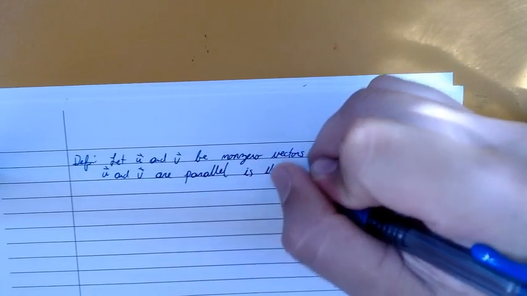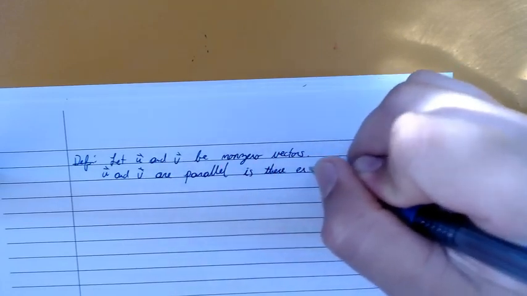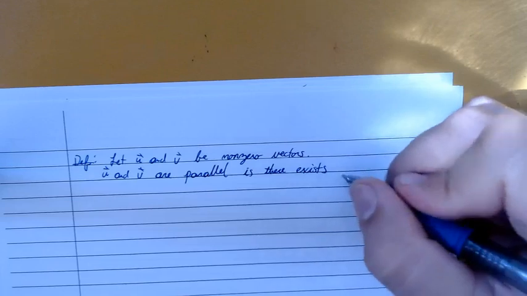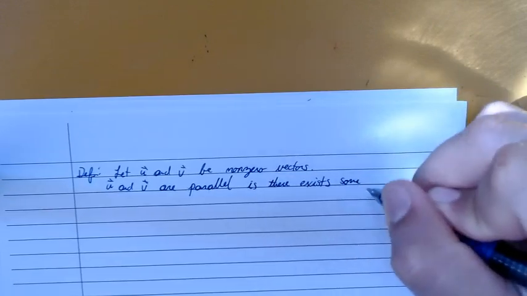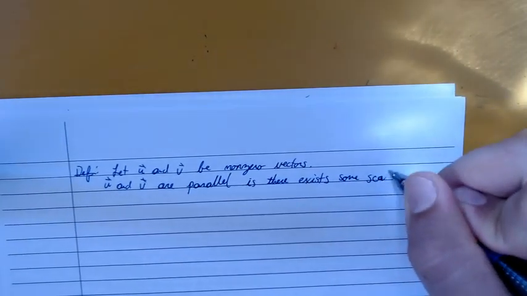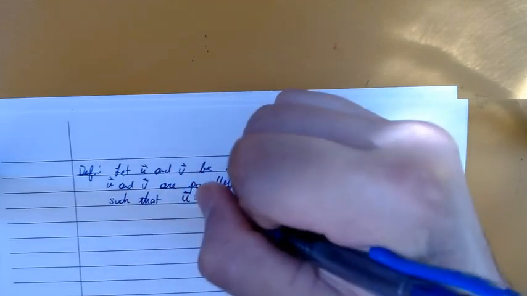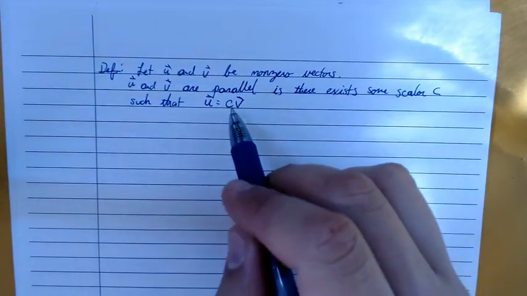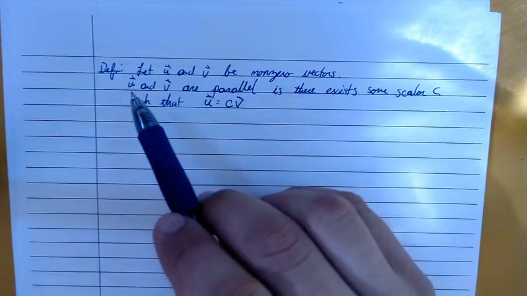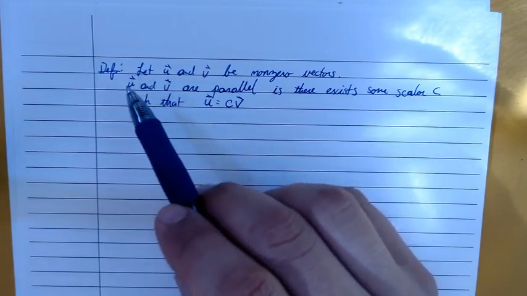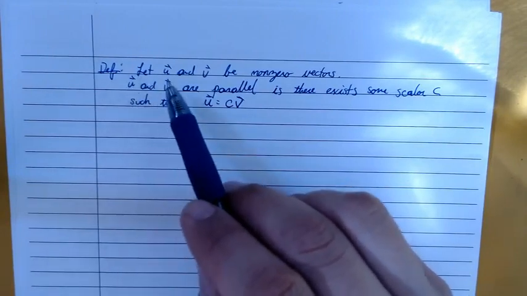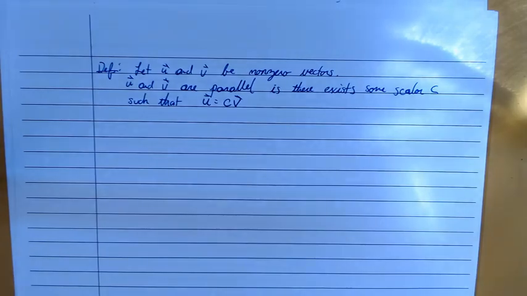So if there exists some scalar c such that u is equal to c times v. Or in other words, if you can take one of them and multiply it by some regular constant, some scalar, and get the other one, then those two are parallel to each other.